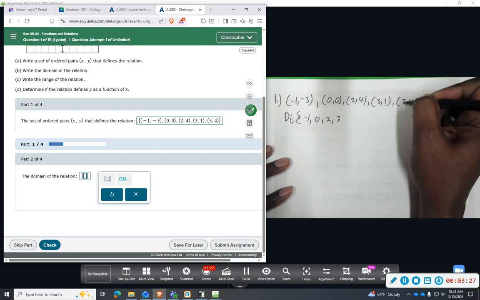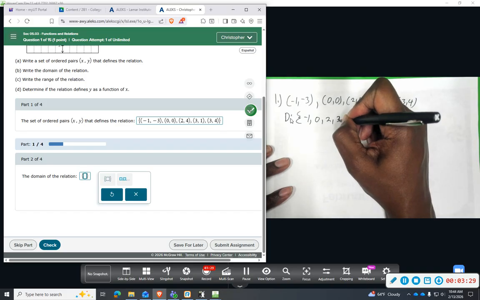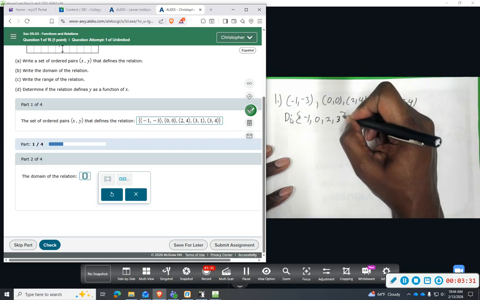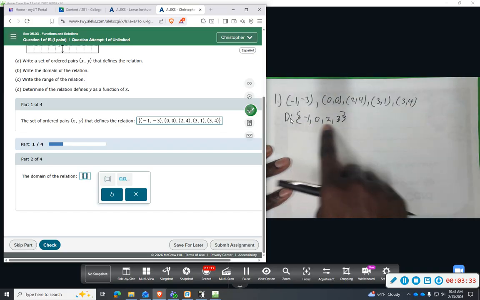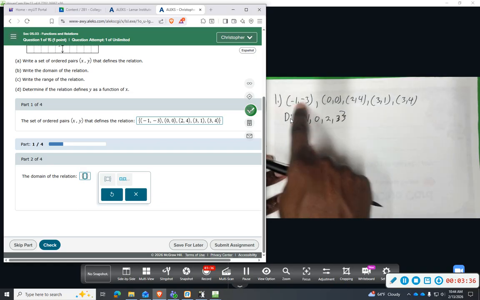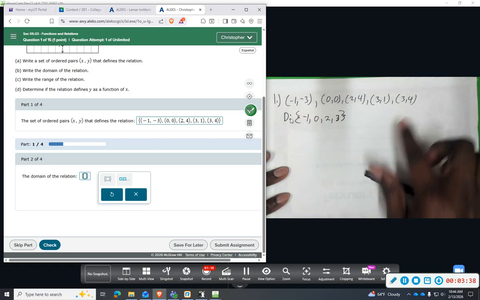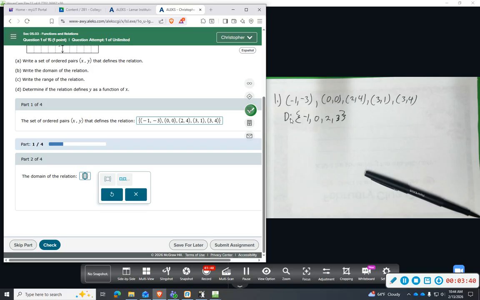Now 3 shows up again, but you do not repeat it. The domain is only wanting to know all of the x values on the graph that have a y value associated with them. So even though there's 5 ordered pairs, one of them repeats, you don't need to list it twice. So -1, 0, 2, and 3. Only the first coordinate, or the x coordinates.